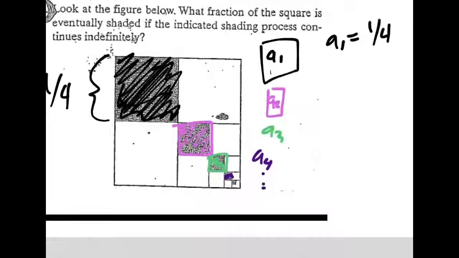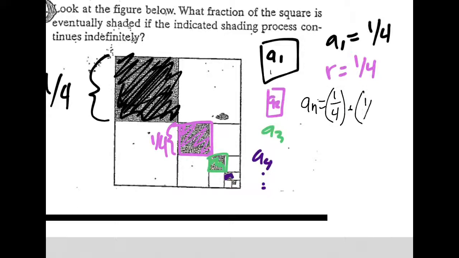Well, notice the second one is 1/4 of the 1/4 square, which is telling us that our common ratio here is 1/4. And so our sequence of numbers here, A sub n, is going to equal our first term, which is 1/4, times our common ratio, which also happens to be 1/4, to the power of n minus 1.